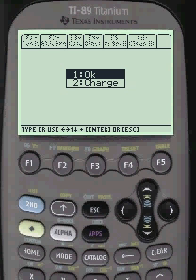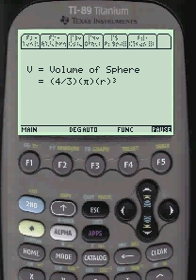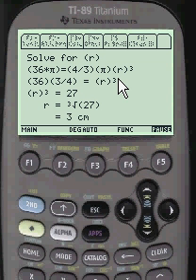I show you that in case you made a mistake. I say it's okay. Here's the formula again, and we're going to solve for r because they gave us the volume, and volume equals 4/3 pi r cubed. So we're going to solve for r.